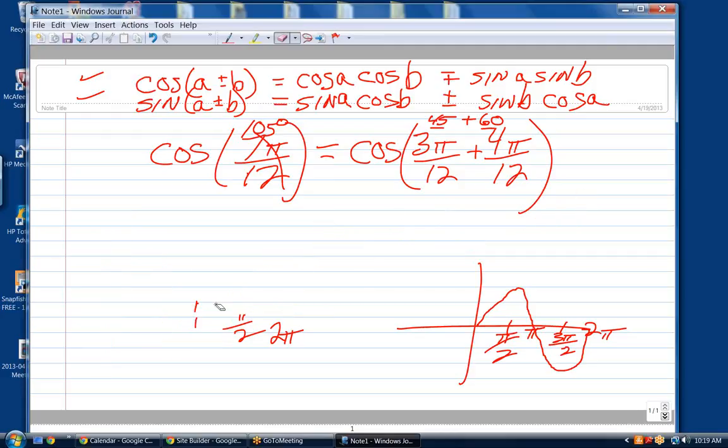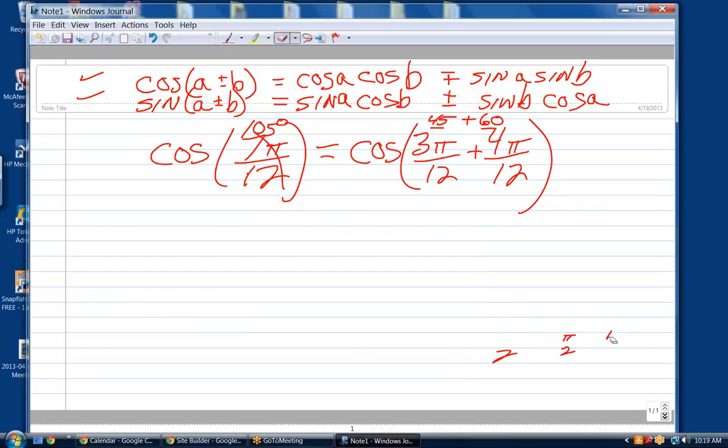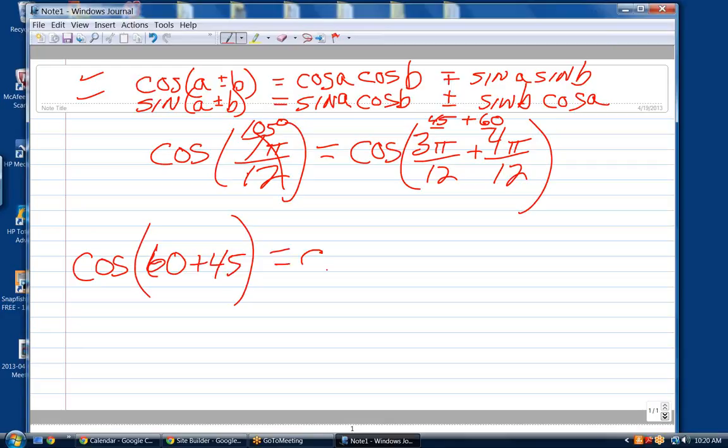Okay, so we have cosine of 60 degrees. So we're going to do cosine of 60 plus 45, right? So we got cosine of 60, cosine of 45. Oh, sine, minus.